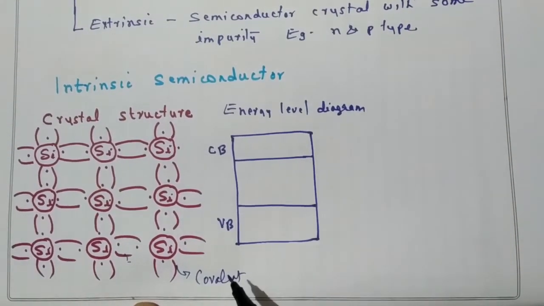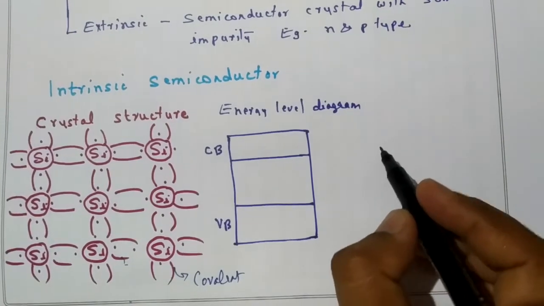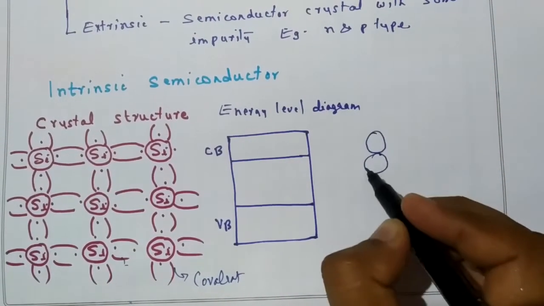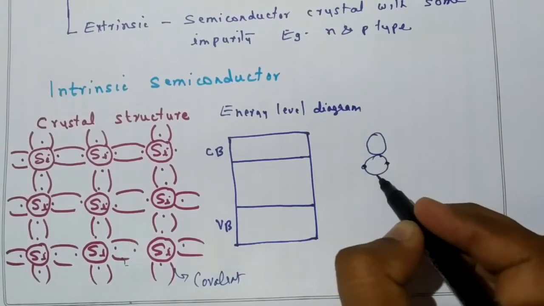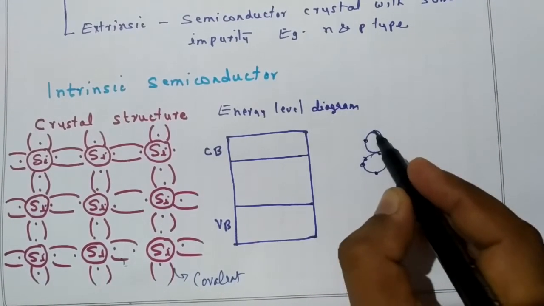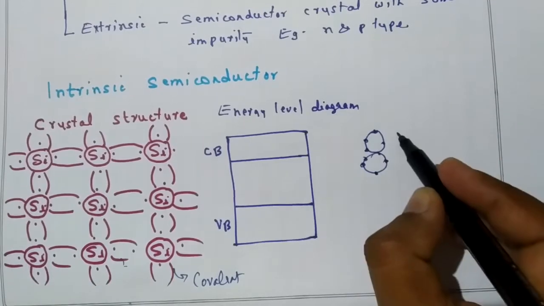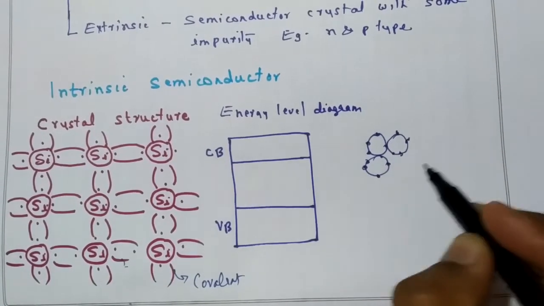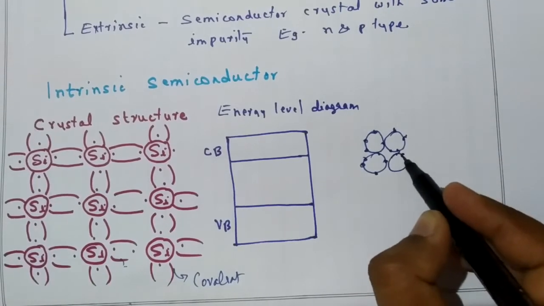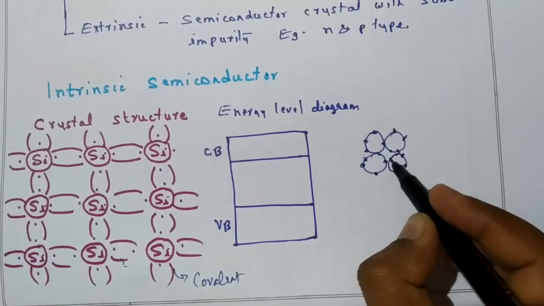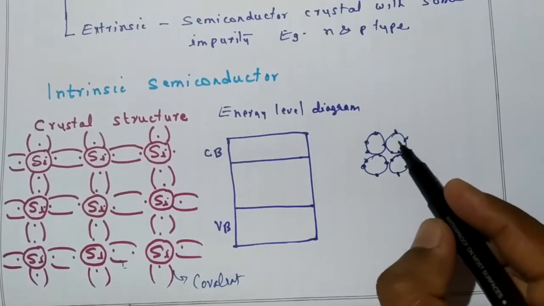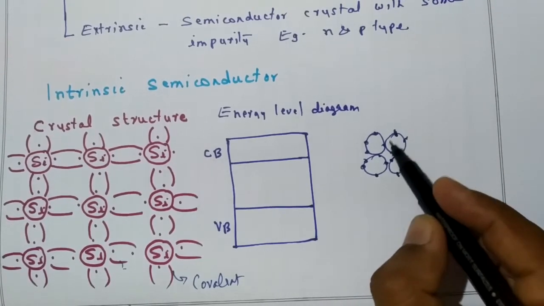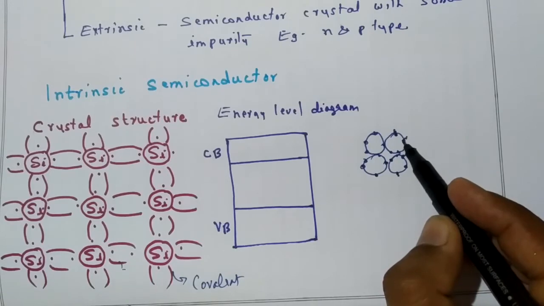Actually, how does it happen? When you take a system of atoms, here there is one atom which consists of 4 valence electrons, 1, 2, 3, 4. Here also this consists of 4 valence electrons, 1, 2, 3, 4. And here also, and here. So let us say there are 5 atoms. Now you take this one electron; it will not revolve around only this semiconductor atom.